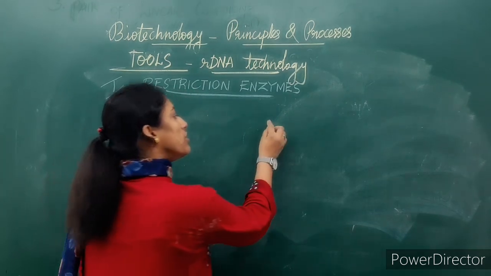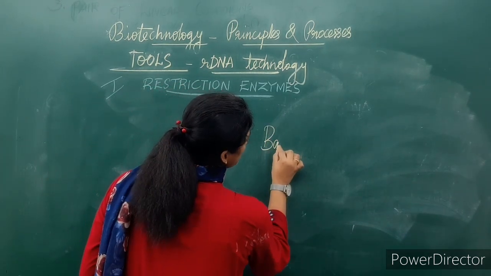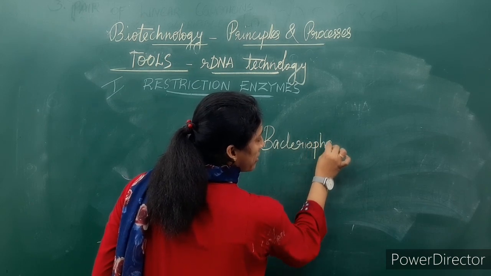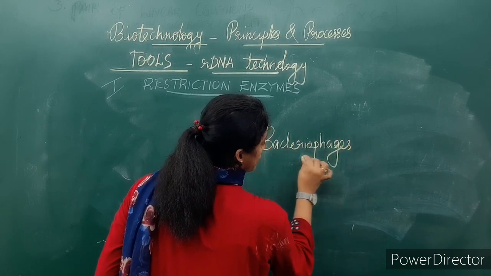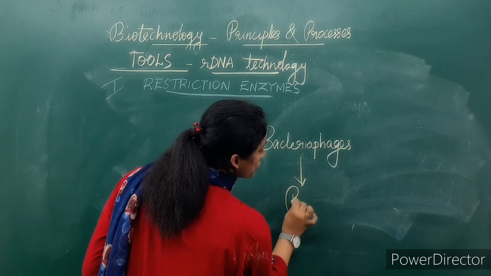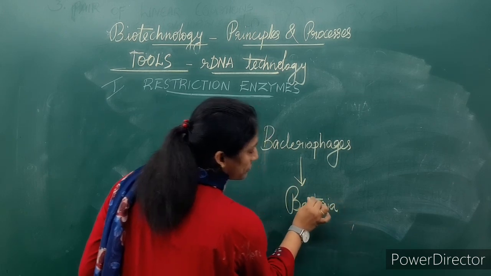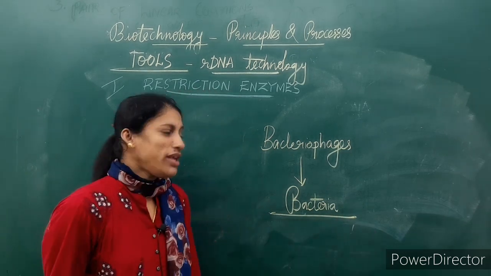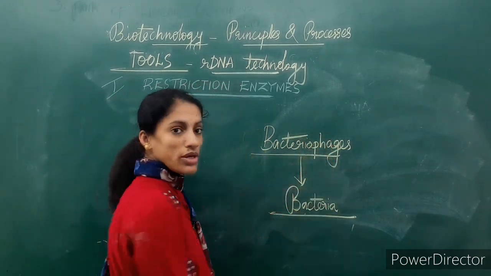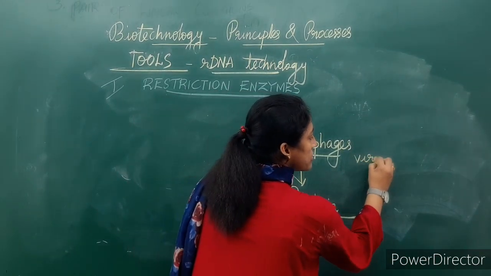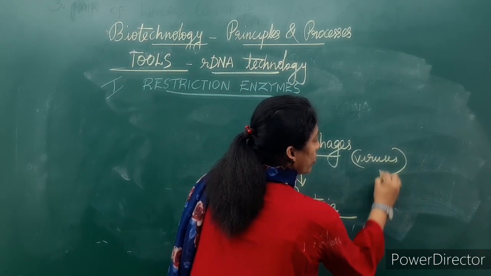By the time, in certain experiments, scientists noted that certain viruses, we can call bacteriophages, are unable to attack bacteria. Okay, usually what are bacteriophages? Viruses which can attack bacteria. Their host is bacteria.